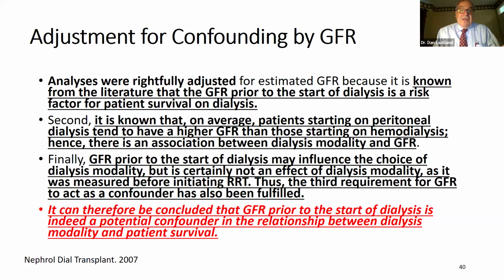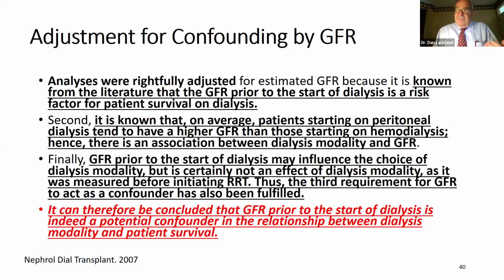And therefore, we can conclude that GFR prior to the start of dialysis is indeed a potential confounder that should be adjusted for in the relationship between the dialysis modality and the patient survival. So in this case, the investigators recognized this, identified GFR as a confounder, adjusted for it in their analyses, and still came up with the conclusion that the modality is associated with survival.